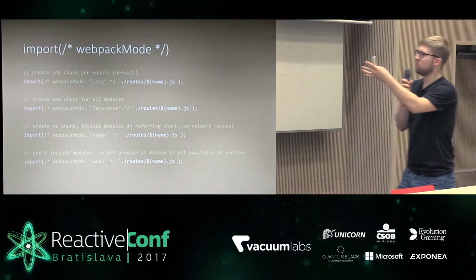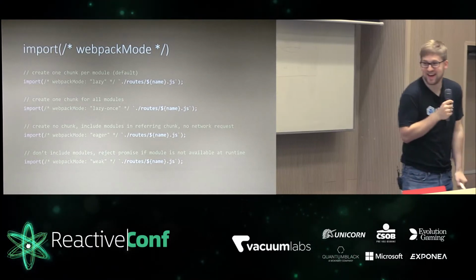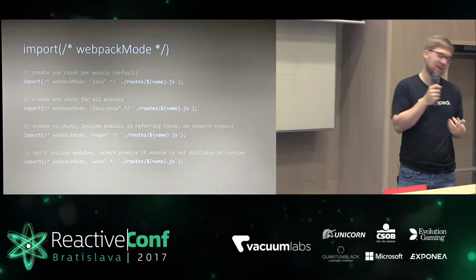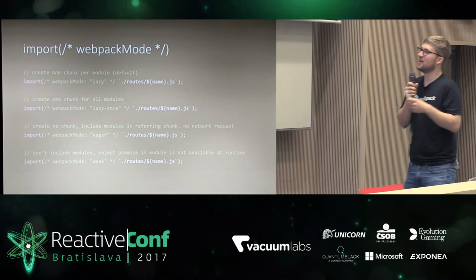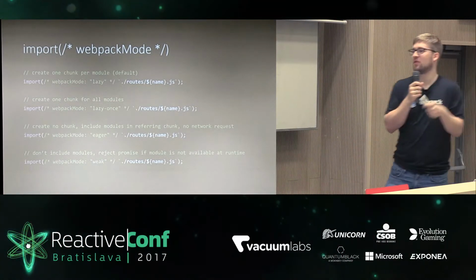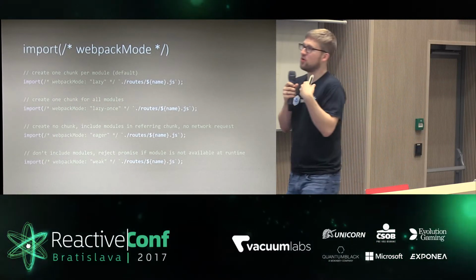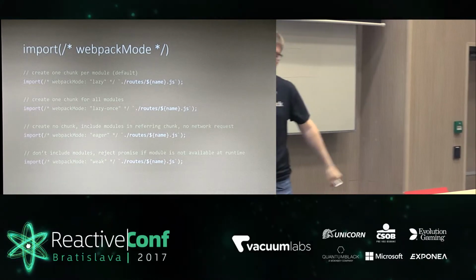There's also a hidden one, mode weak, which doesn't include the modules. It rejects the promise if the module is not available, and returns a resolved promise if it's already available. So maybe it's available, then it's returned synchronously, or returns a promise which is already resolved.